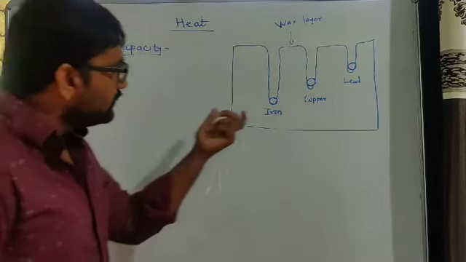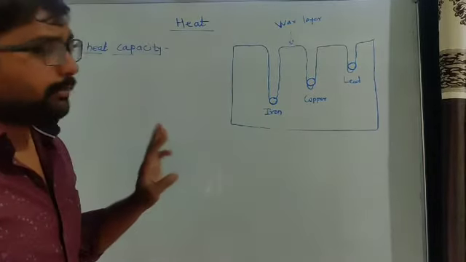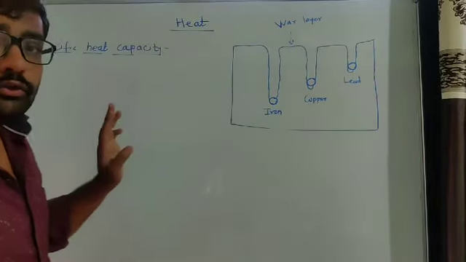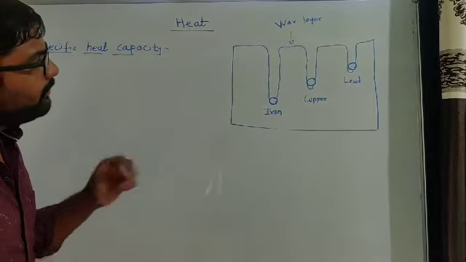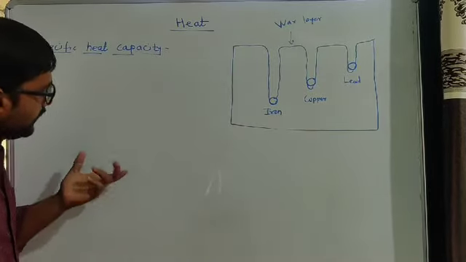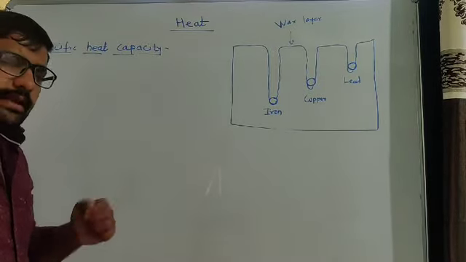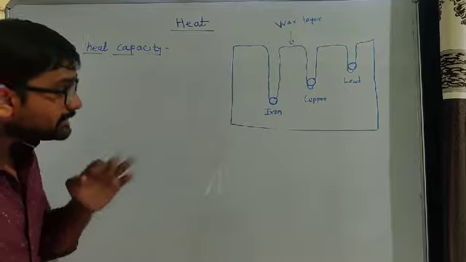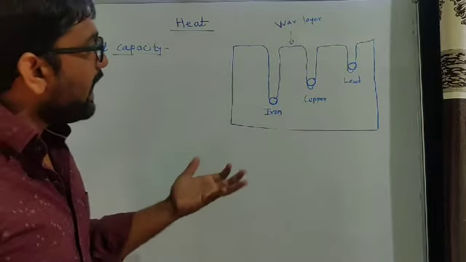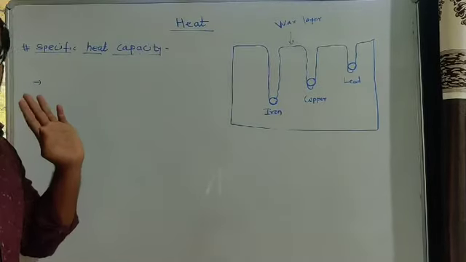We know this wax will melt due to the heat present in the ball. So we can make a prediction from the observation of this diagram: initially the temperatures of all three balls are the same, no doubt about that, but still the heat absorbed by all three balls is not equal.